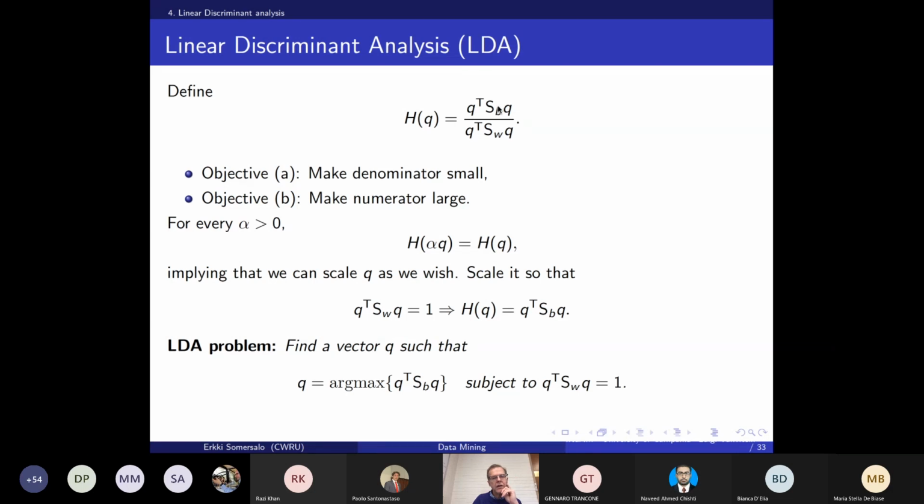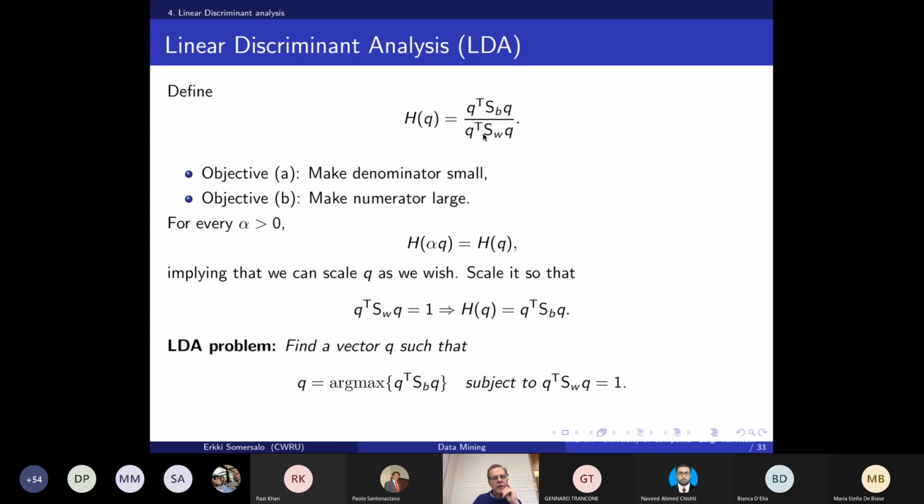And on the other hand, if you want to make your clusters as compact as possible, then you're looking at the within cluster spread, and that's given by Q transpose SW Q. And you would like to make that number as small as possible.